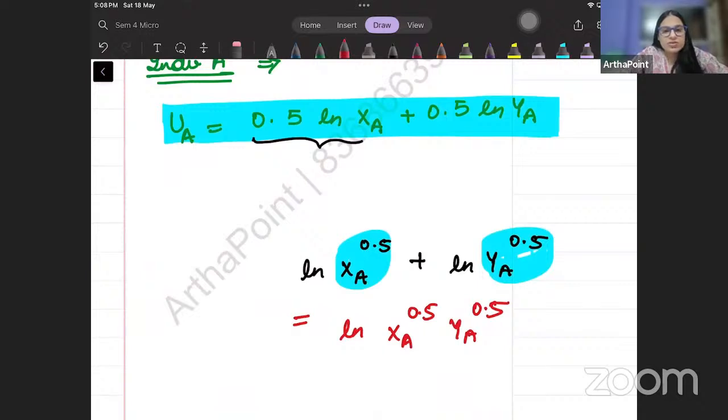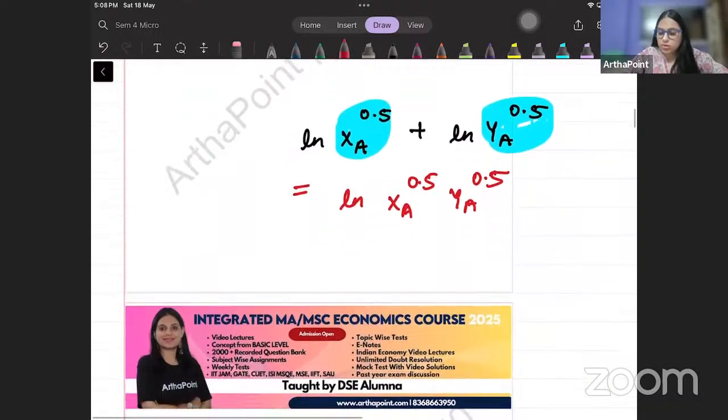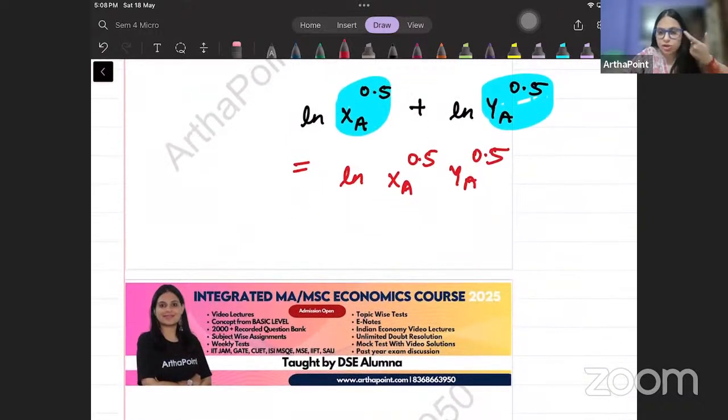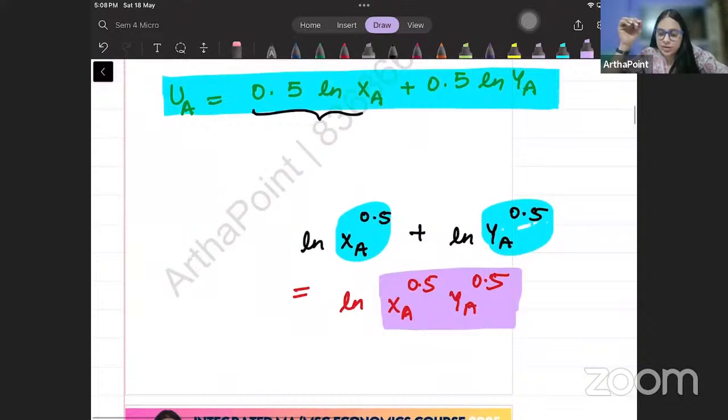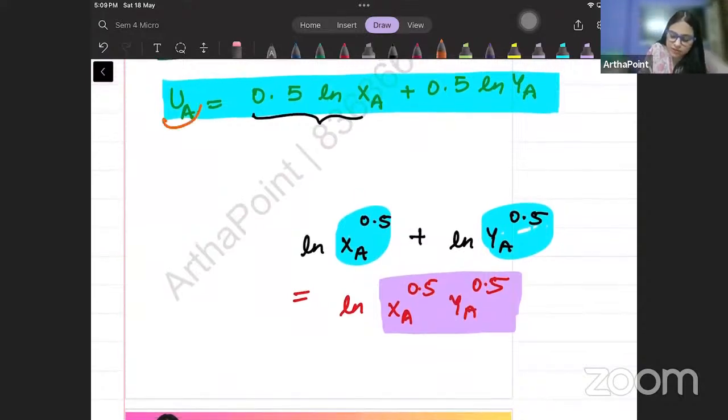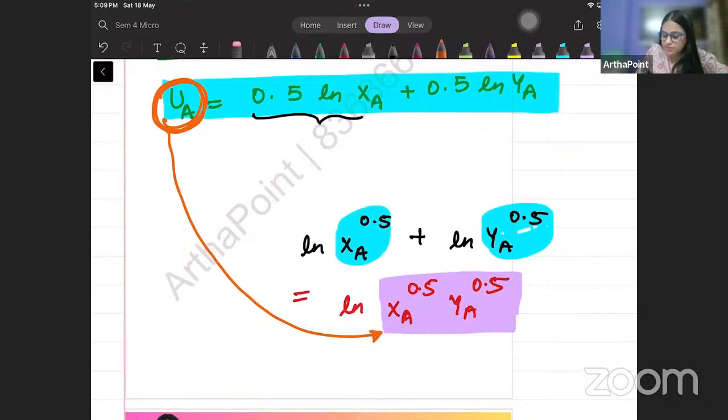Am I clear with this? Is this making sense to you? And now if you look at the utility function behind this, you will realize कि ये तो यही है. This is just a Cobb-Douglas utility function. समझ रहे हो बात को? तो indirectly you have to be aware that this utility function of individual A is just well-defined preferences.